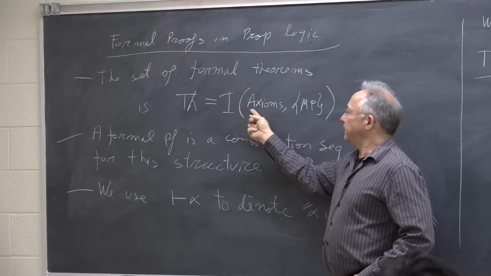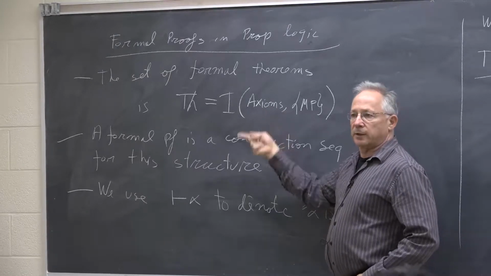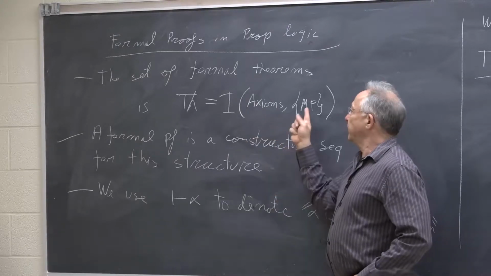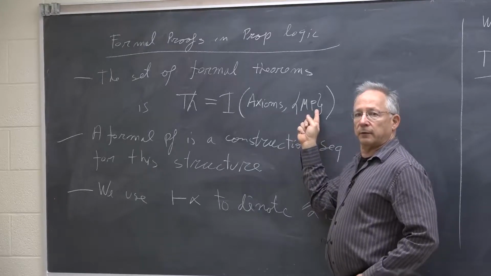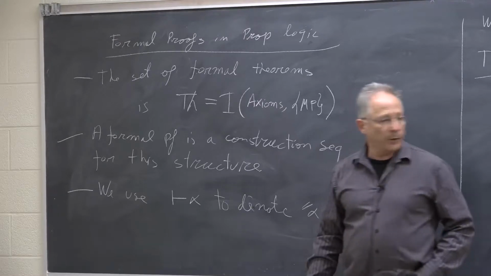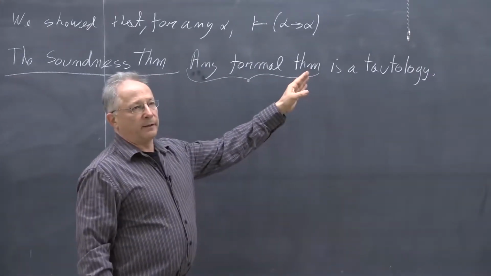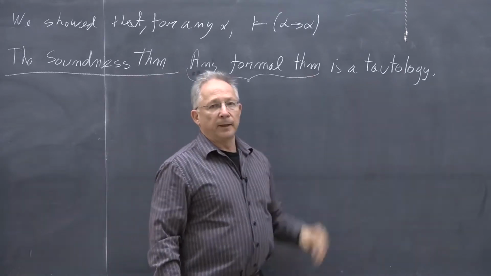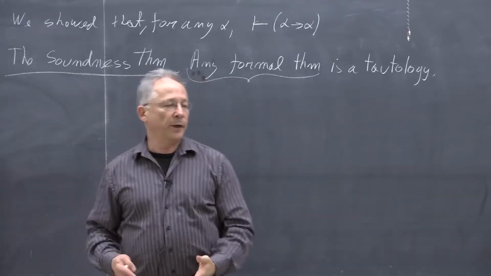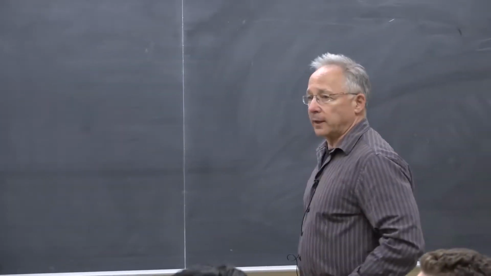So the basic step was showing that the axioms are tautologies. And the induction step was to show that if the inputs for modus ponens are tautologies, then the output is a tautology as well. So whenever we have a statement saying every member of some set defined inductively has some property, the natural approach is to try to prove it by generalized induction on this structure. So this is as far as we got last time.